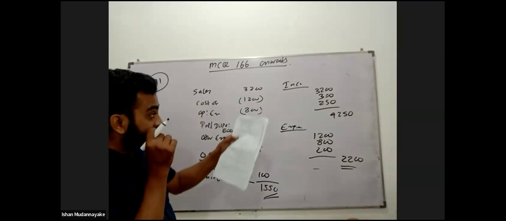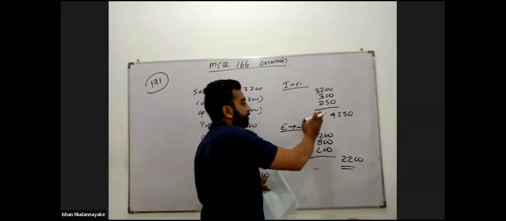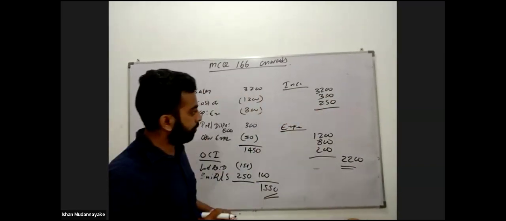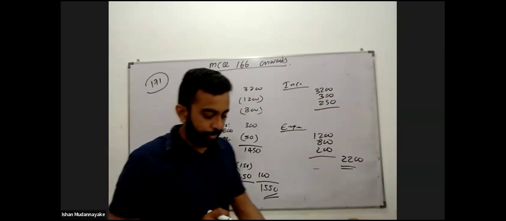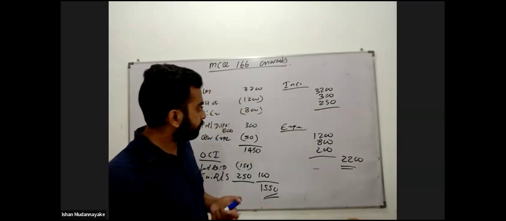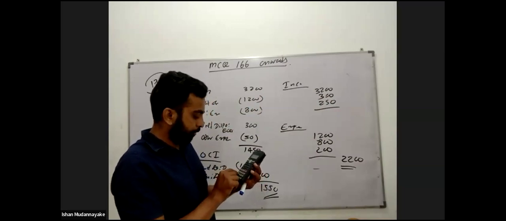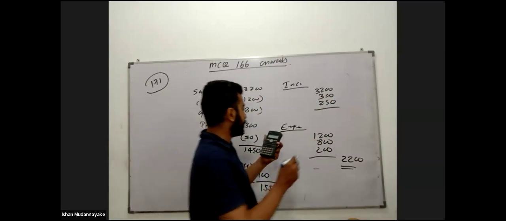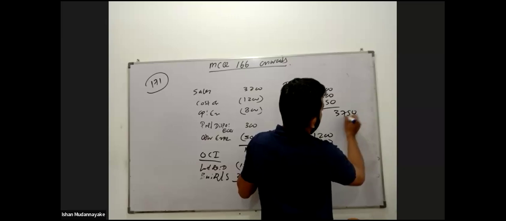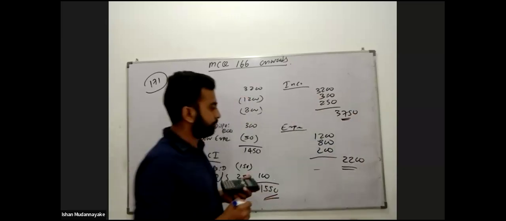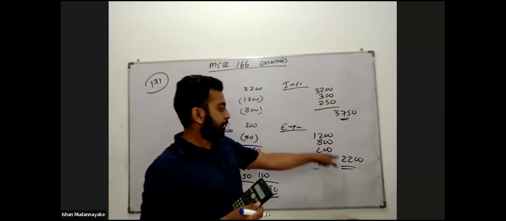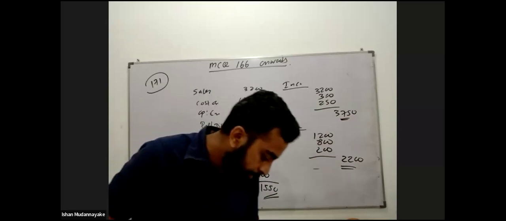Sorry, equipment disposal profit is 300. So total income is 3,200 plus 300 plus 250. Yes, total income 3,750. Total expenses 3,100.